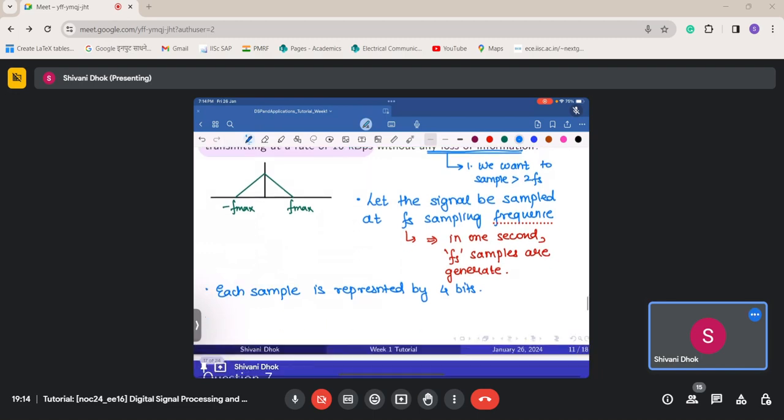Therefore, in each second, fs into 4, where fs is the number of samples per second and each sample is represented by 4 bits, that is 4 into fs bits are generated.